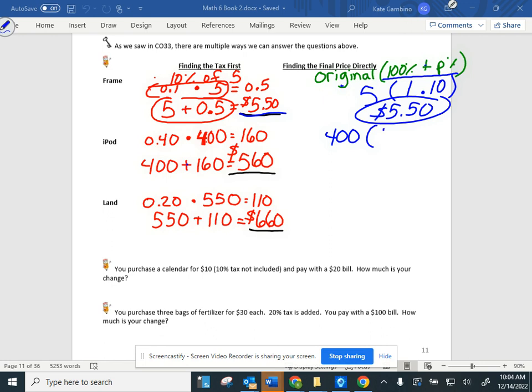So we know that 100% plus our percentage of 0.40, 40%. So 400 times 1.4. Instead of 0.4, we're doing 1.4. And that's what's going to make it go up because we're adding that to the 100%. So what is 400 times 1.4, Melina? 560. We get the same answer.